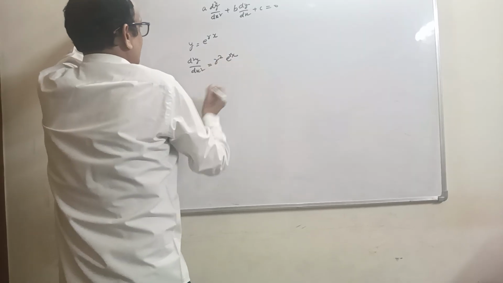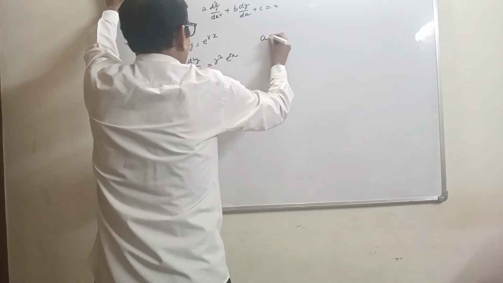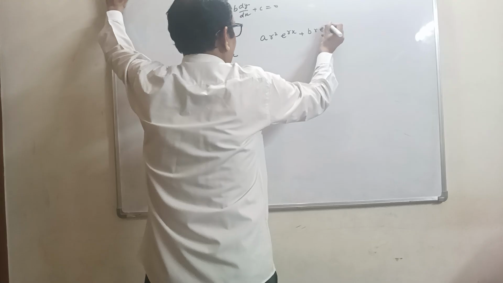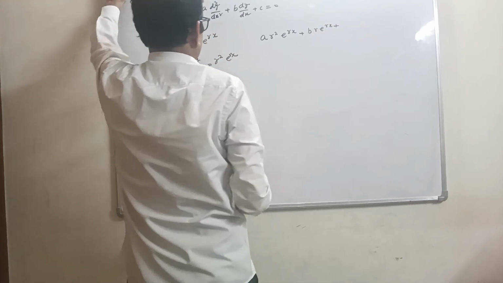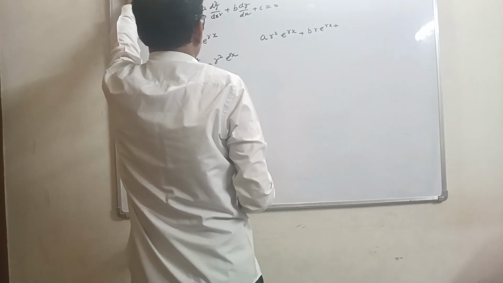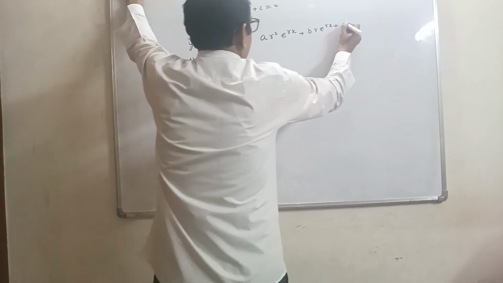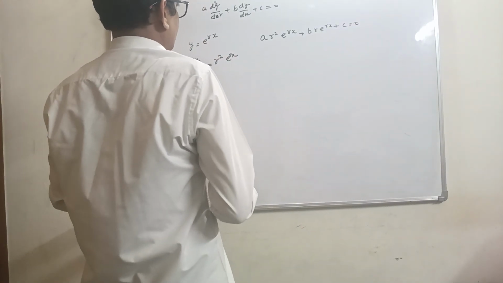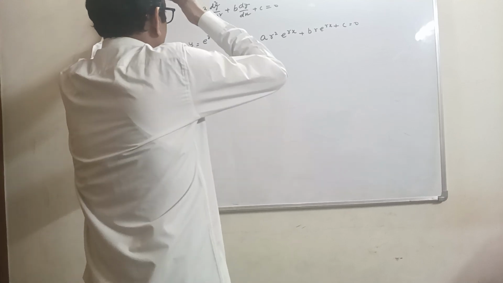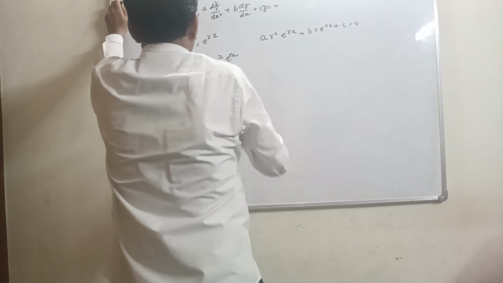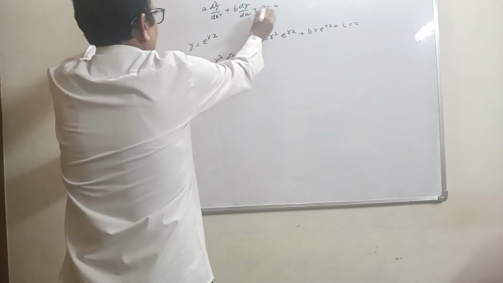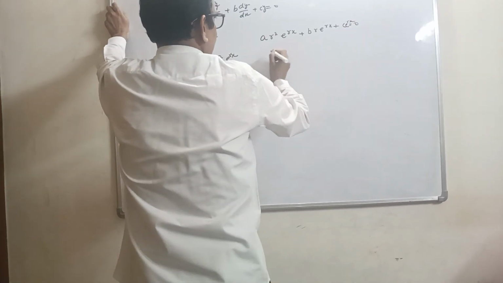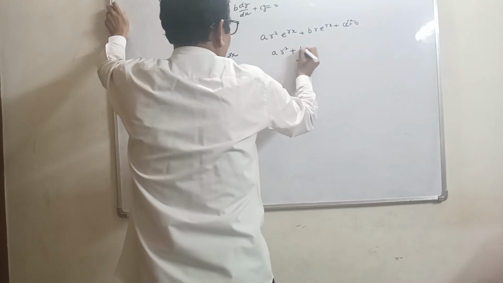Placing the value here, this becomes a r square e raised to power rx plus b r e raised to power rx plus c y, and y is also e raised to power rx. So this becomes c e raised to power rx. So e raised to power rx cancels out, and this becomes a r square plus b r plus c.